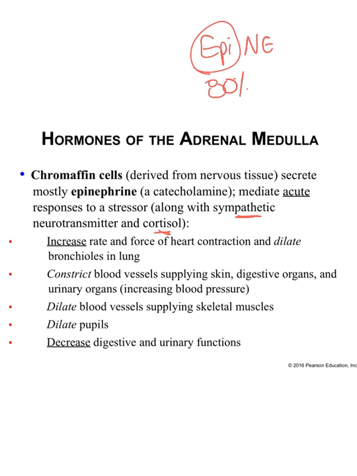So the skin, they're going to constrict digestive organs, urinary organs. This is one of the things when you have constriction, it's going to increase the blood pressure. We're going to dilate blood vessels serving skeletal muscles. Okay, skeletal muscles are going to allow for activity. And again, with sympathetic epinephrine, that's the response that you want.